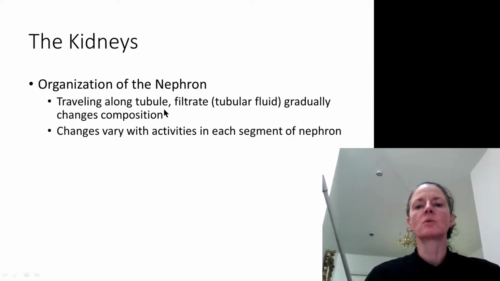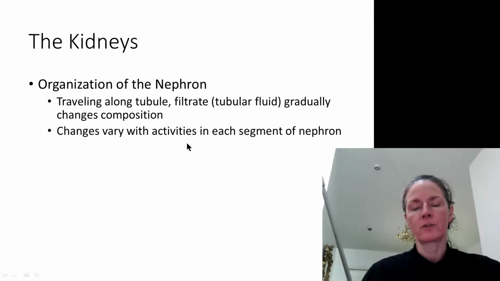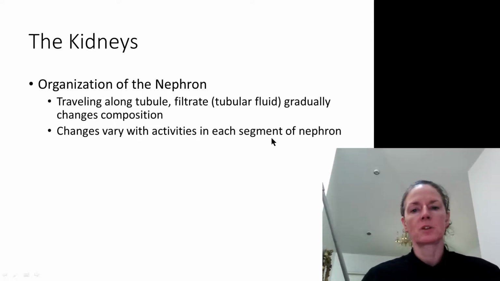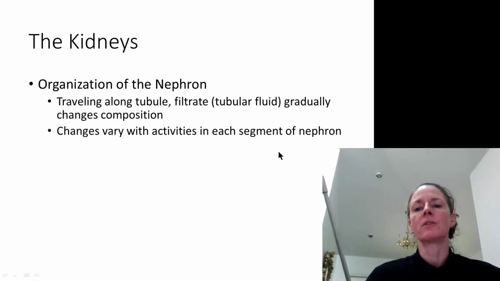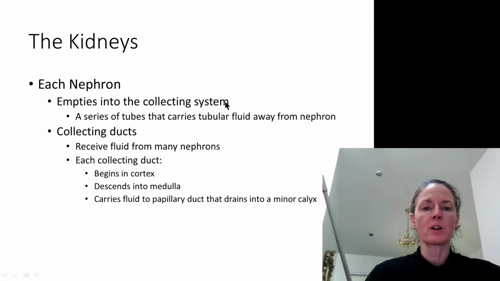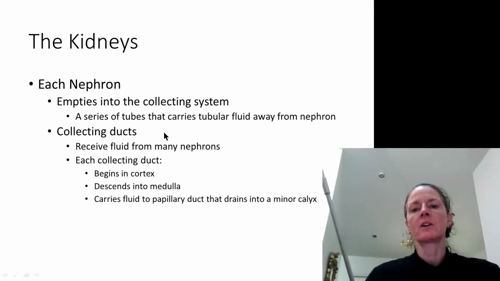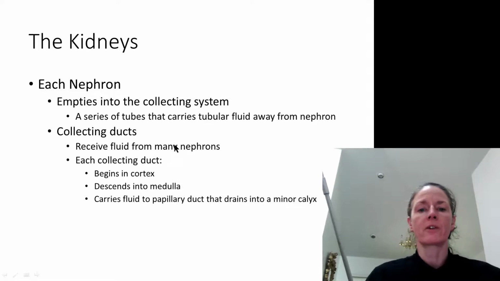So we'll have a gradual change of composition in the filtrate as it moves along this tubule. And the activities, as we said, such as resorption and excretion, are going to vary within each segment of the nephron. The nephrons are going to enter into a collecting duct, and this is going to carry the tubular fluid away from the nephron.